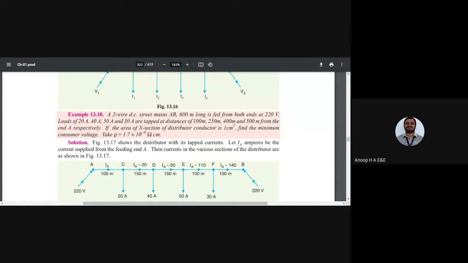So let us start right now with the numerical problems, and I want every one of you to have your book and calculator with you right now.